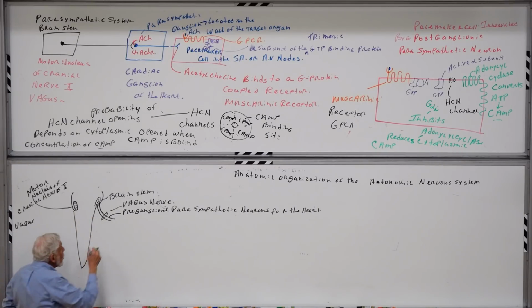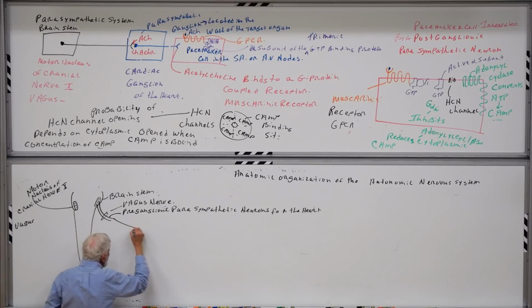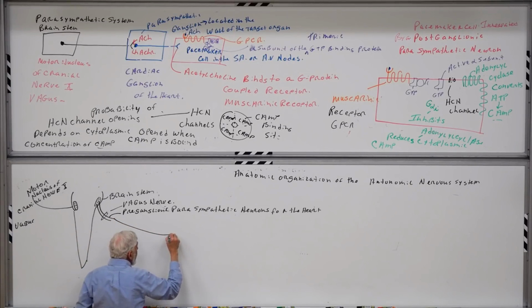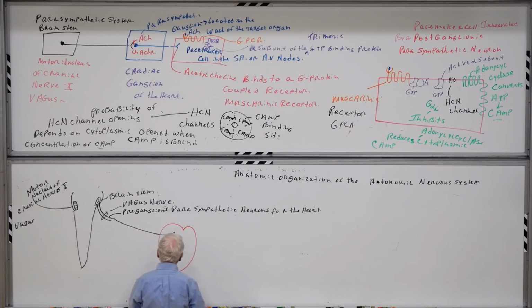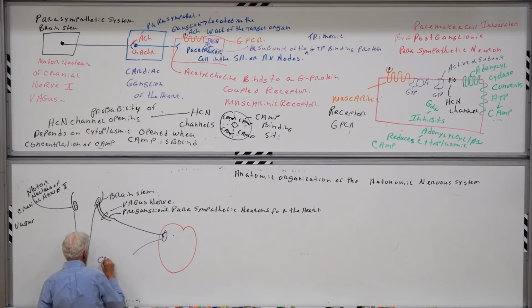What we're going to do is follow this pre-ganglionic parasympathetic neuron to its output region in the wall of the heart. It's a little shorter. In a particular region known as the cardiac ganglion.